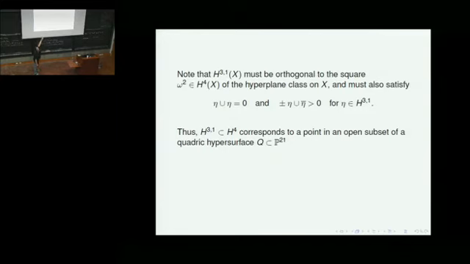That's a quadratic condition, so that restricts us to a quadric hypersurface in P^21. And the last condition simply says that we're in a complex analytic open subset of that quadric. So altogether, the set of possible Hodge structures is 20-dimensional. It's a complex analytic open subset of a quadric hypersurface in P^21. And of course, that was exactly the dimension of the moduli space.